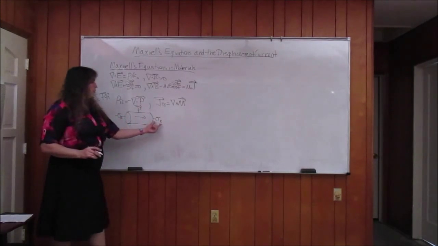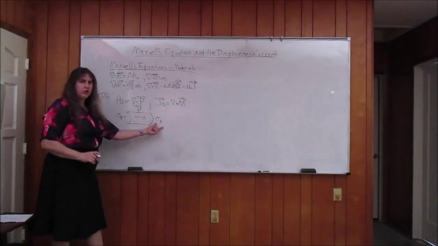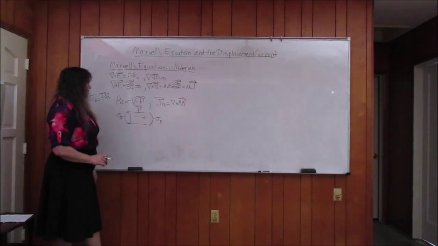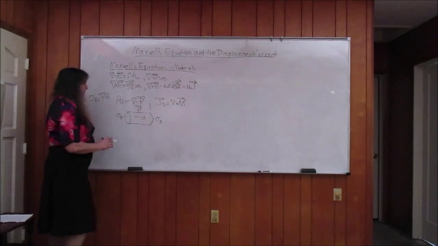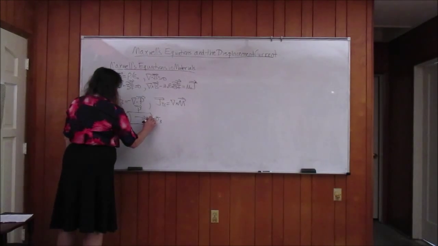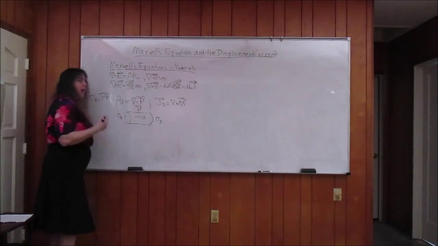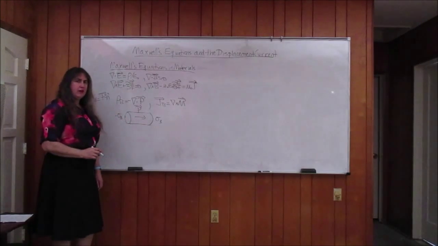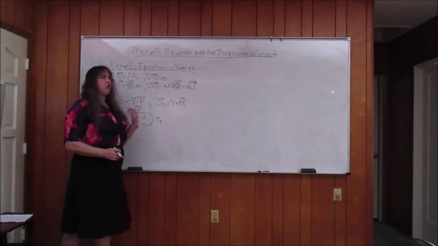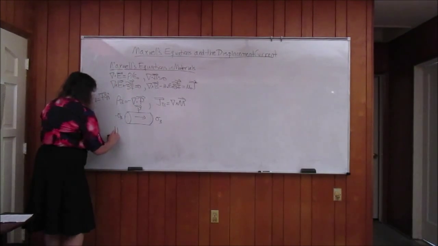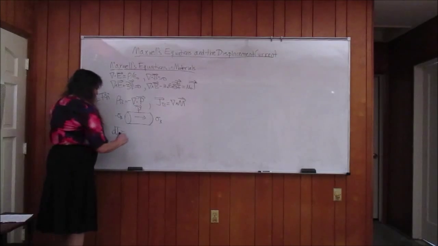Therefore there'll be bound surface charge density on the right-hand side and negative of that on the left-hand side. What happens when the polarization changes in time? Well, the charges are going to move a little bit, so you're going to have a current flow.